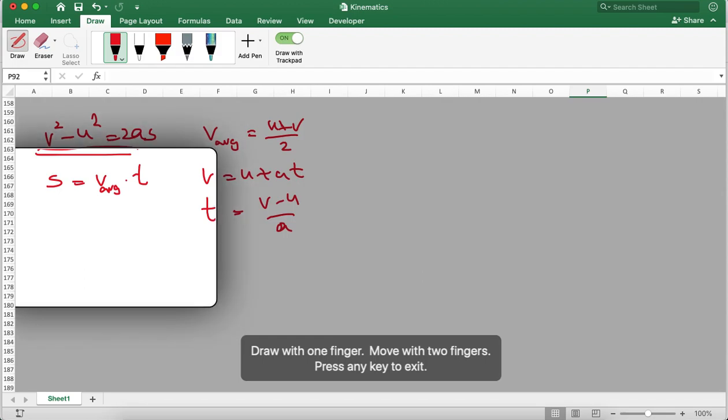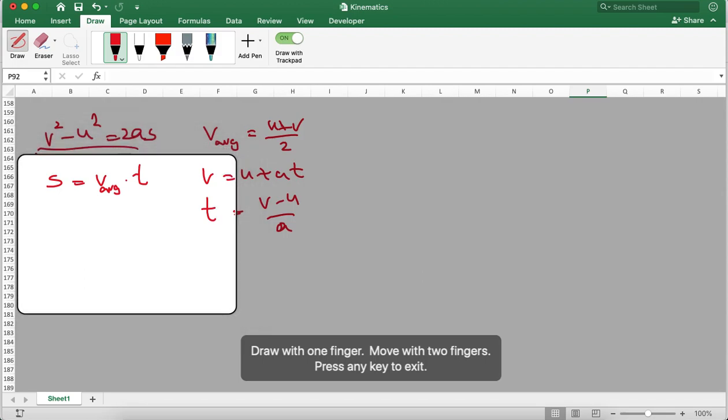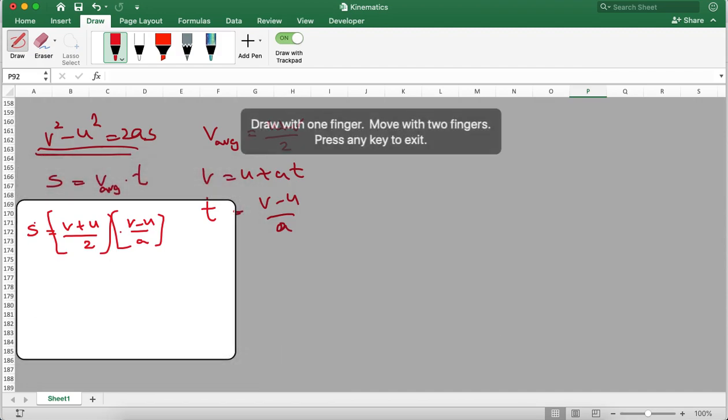Now S is equal to, what is the V average? V plus U by 2, into, and what is T? V minus U by A. So S is equal to V plus U into V minus U divided by 2A.